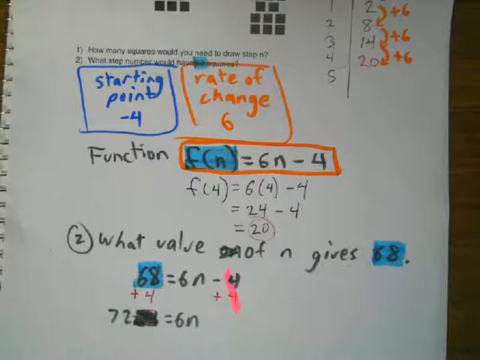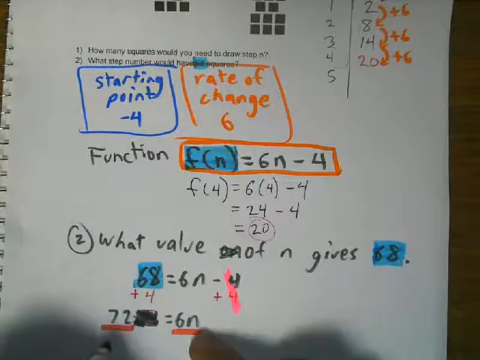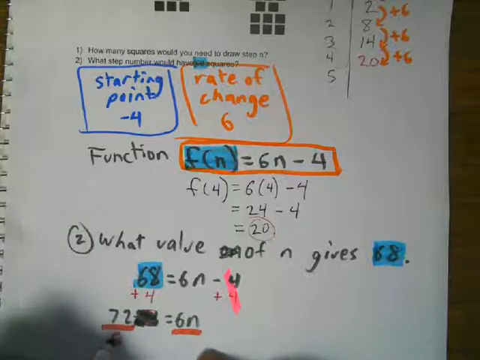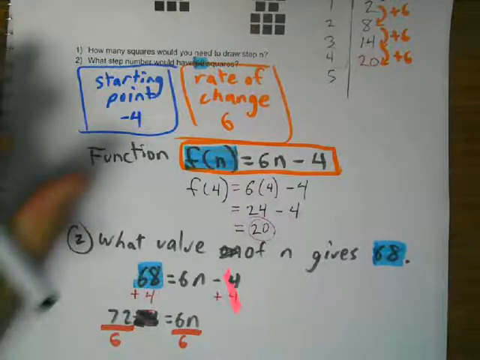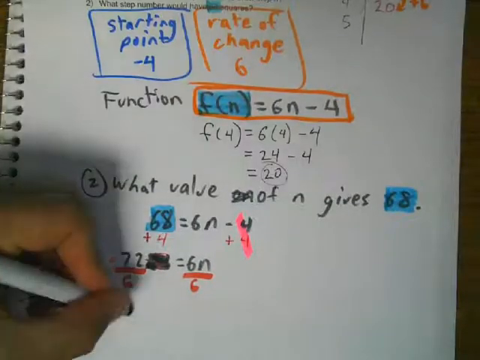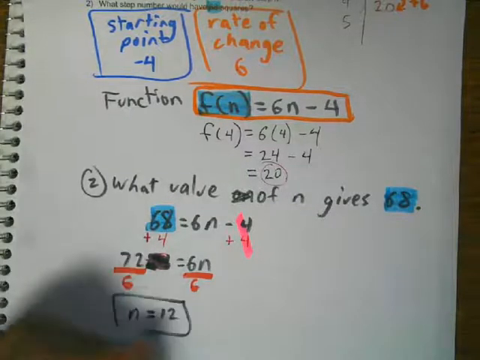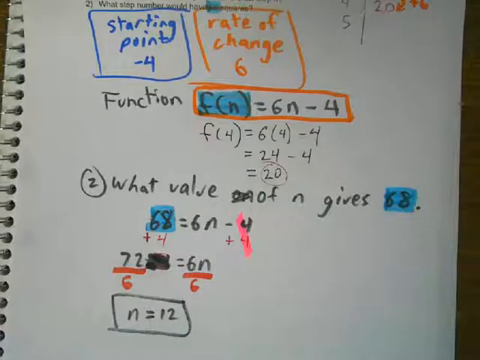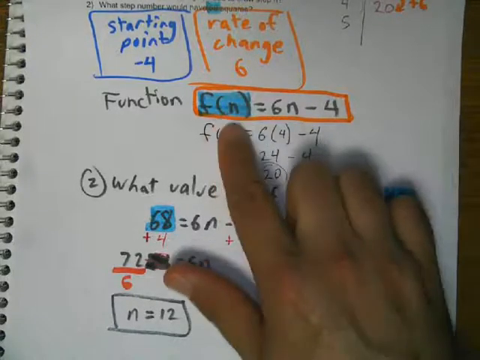And now the next step is we're going to divide both sides by, guess what? We're trying to solve for n. We're going to divide both sides by 6. And then we get n equals 12. Basically, if I plugged 12 in place of n, we would get 68 squares.